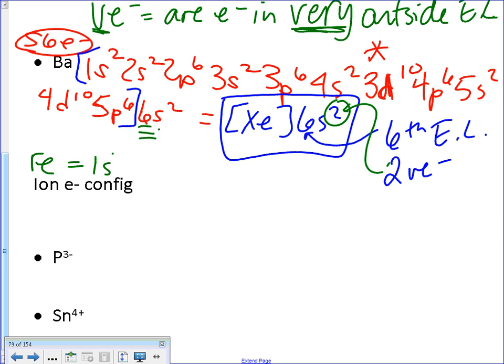So starting off, 1s2, 2s2, 2p6, 3s2, 3p6, 4s2, 3d. How many over is iron? Count again: 1, 2, 3, 4, 5, 6. Does everybody see that iron is 6 over in D block? Yes. Okay.